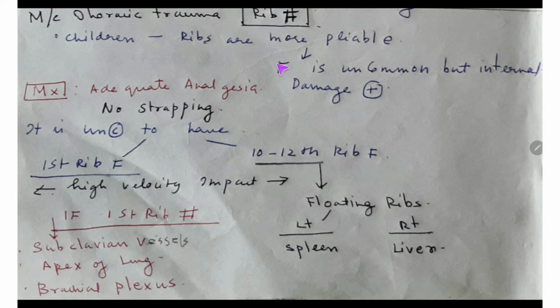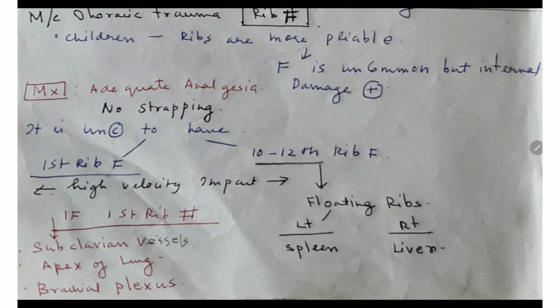Rib fracture is very common in adults with thoracic trauma, but if a child has trauma to the thoracic region, rib fracture is not that common, because the ribs in children are more pliable. During a trauma, the ribs will bend instead of fracturing.